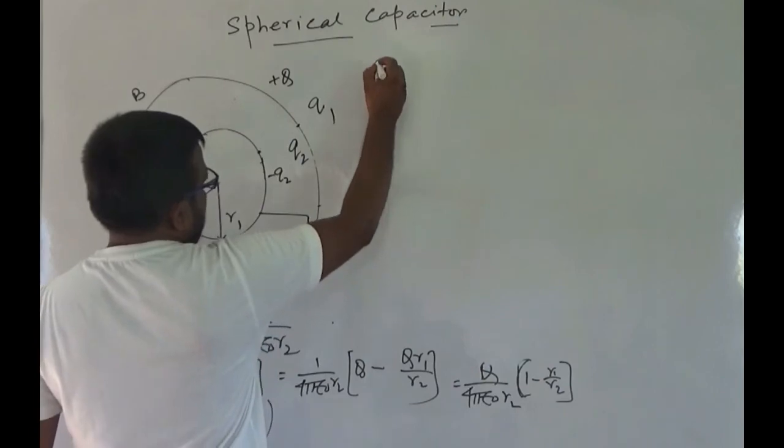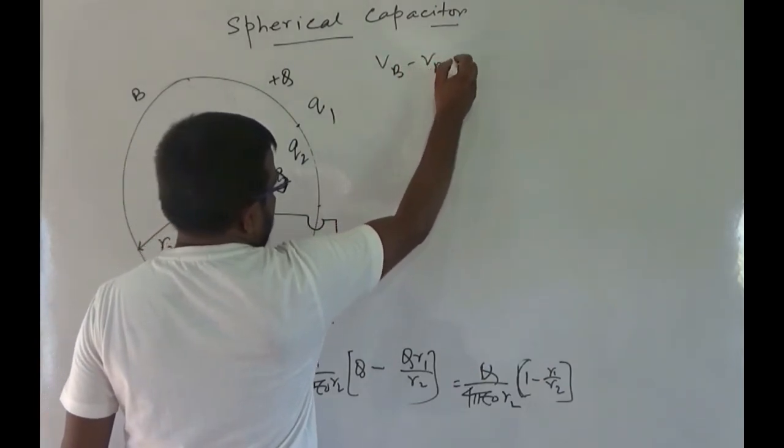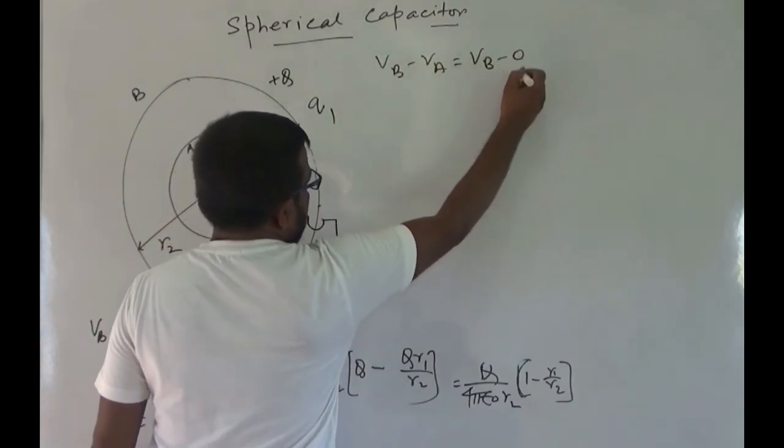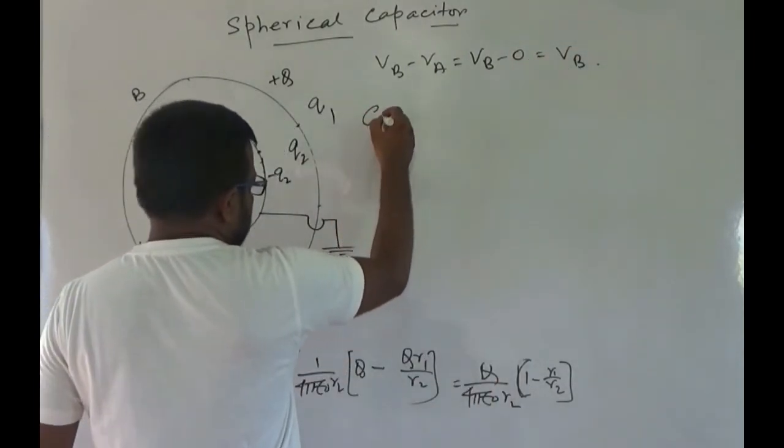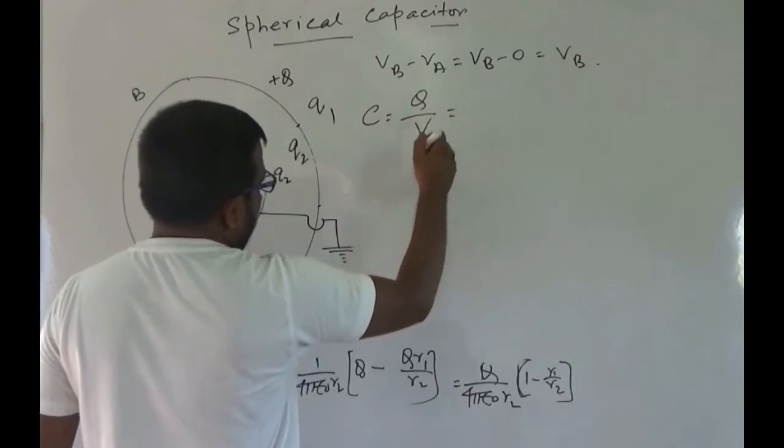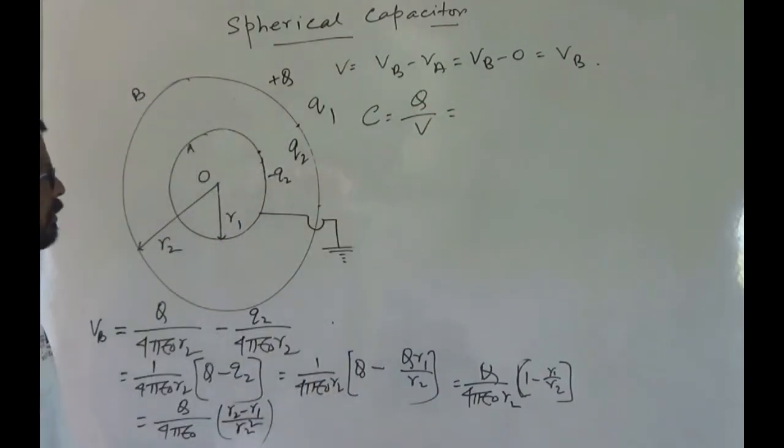Now, the potential difference is Vb minus Va, which equals Vb minus 0, that means Vb is the potential difference. Therefore, capacitance C will be equal to Q divided by V, right?